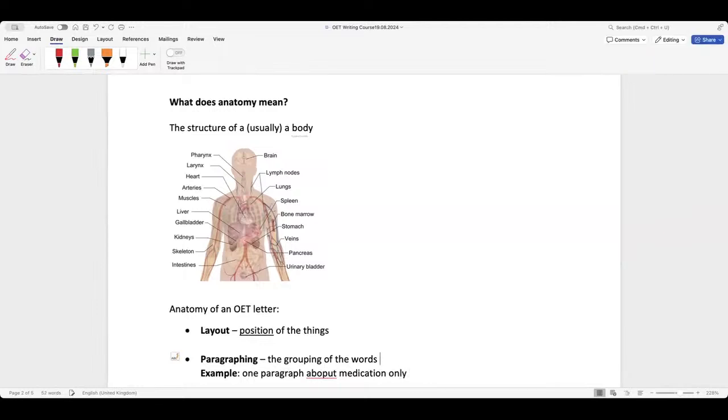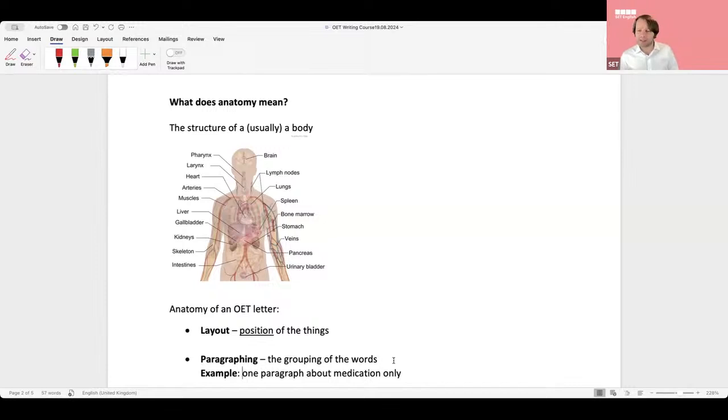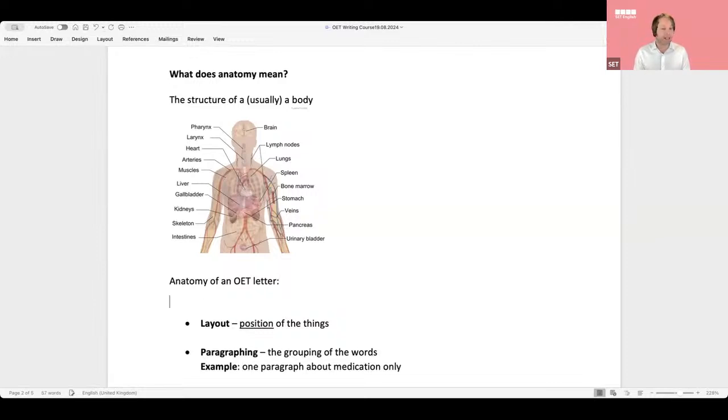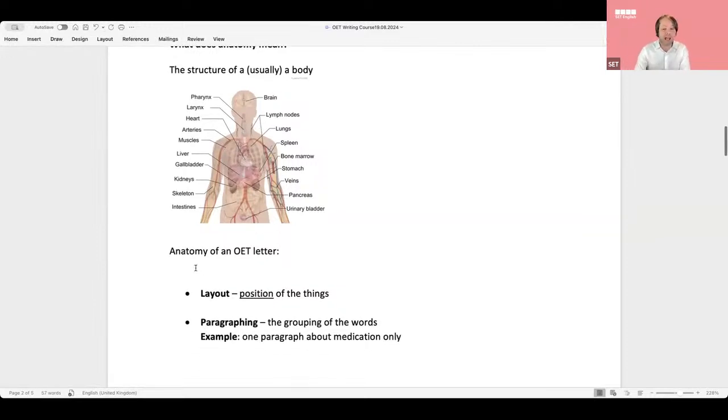Yeah. Okay, so guys, these are the two things I want to talk about today. This is the first class. This week we'll be looking at lots of different things connected with how to write an OET letter. But today we're focusing on the anatomy of a letter, which to me just means layout, and it means paragraphing. Okay. So let's get started with this layout of a letter.